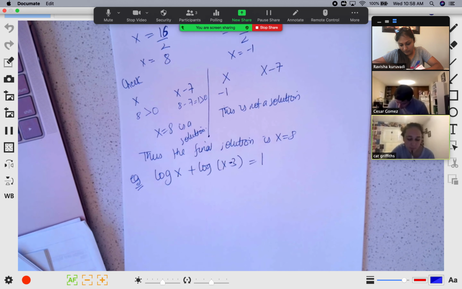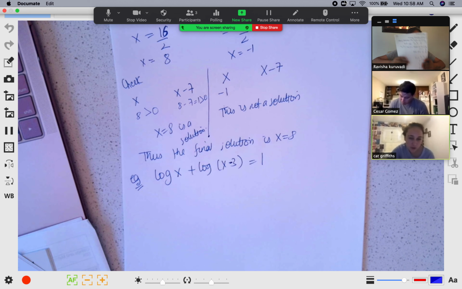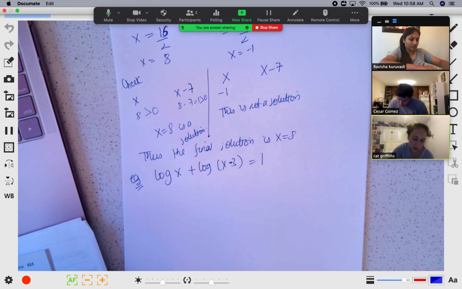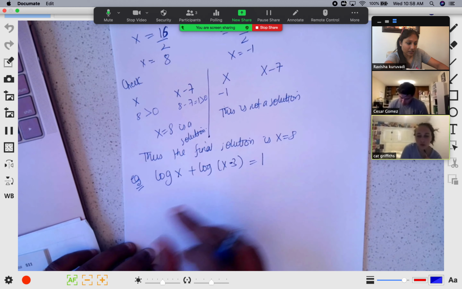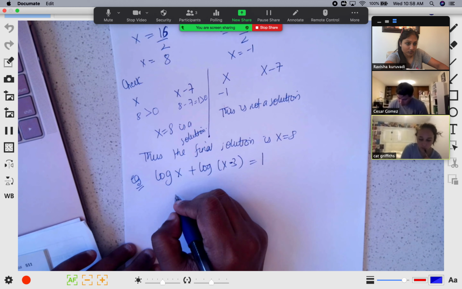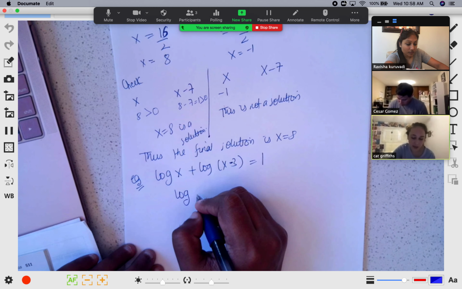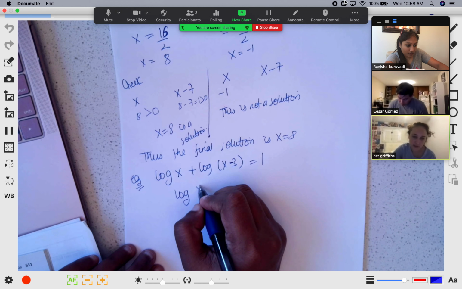Because I know you have to put it in exponential form, but first you have to combine them into 1. How do you combine them into 1? You would multiply. Yeah, it becomes log of x squared minus 3x equals 1.